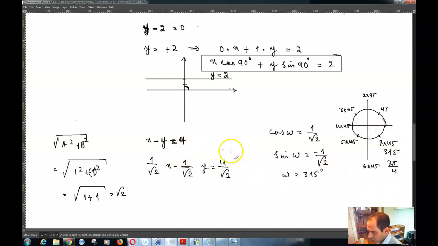So then I can write this equation as cos of 315 degrees, not minus but plus, because the sign is negative itself, so plus x times cos of 315 degrees plus y times sine of 315 degrees is equal to 4 over square root of 2.